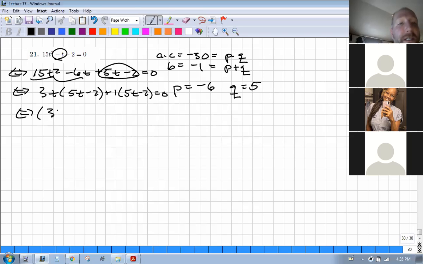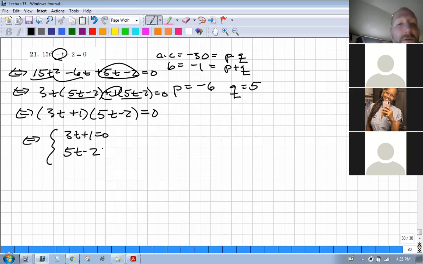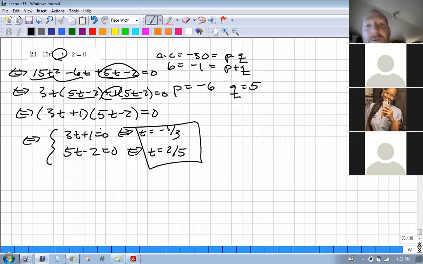So I have 3t plus 1 both times the 5t minus 2. So either 3t plus 1 is 0 or 5t minus 2 is 0. So either t is negative 1/3 or t is 2/5. There's my two solutions for number 21.